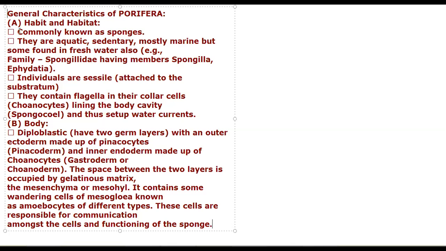Okay, usme jo habit and habitat means where do they live? They are commonly known as sponges. They are aquatic, sedentary, mostly marine, but some found in freshwater also.